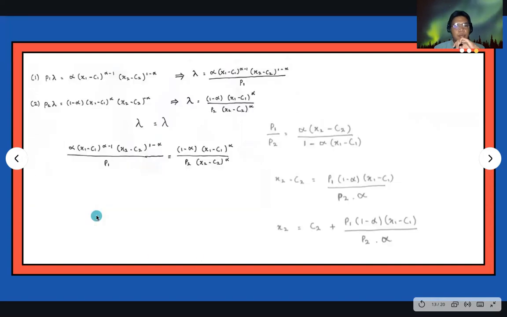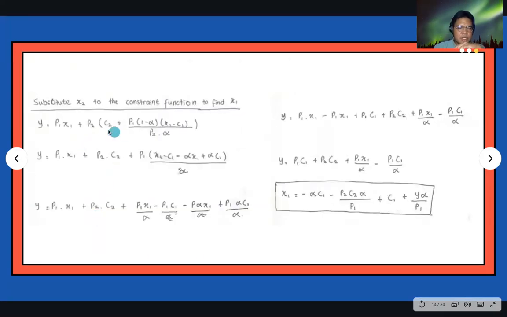It's this, and then you simply substitute the value of x2 into the constraint function, and then you break down this multiplication into this, and then it's just a simple mathematical calculation, and at the end of the day, you find x1.